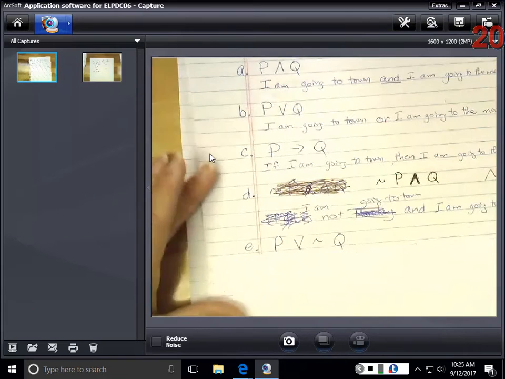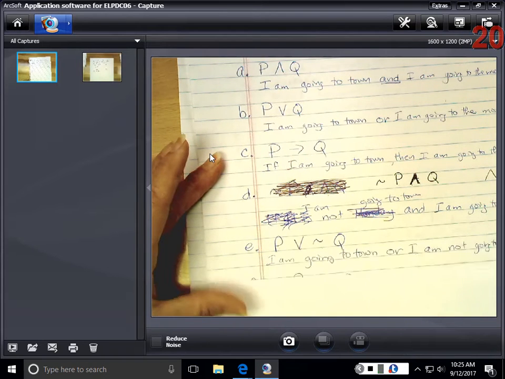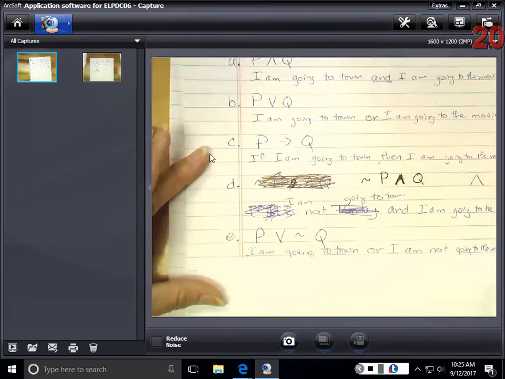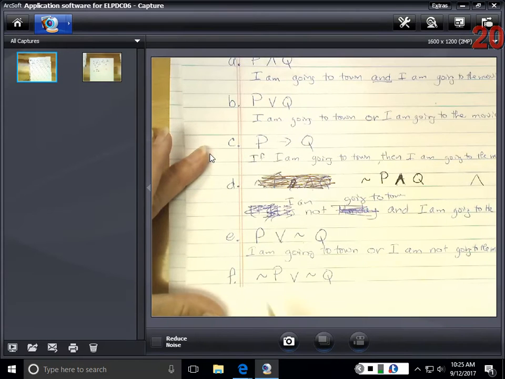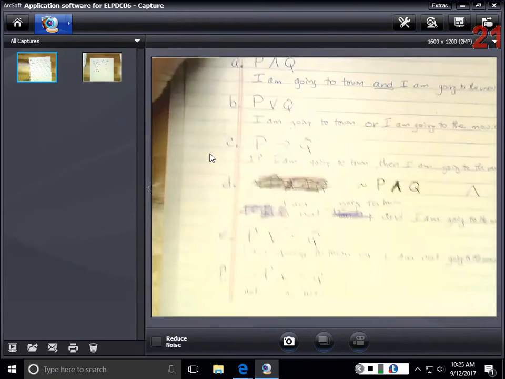All right, here we go. I am going to town, or I am not going to the movies. This one's a big whammy here: I am not going to town, or I am not going to the movies. Both of those were nots.